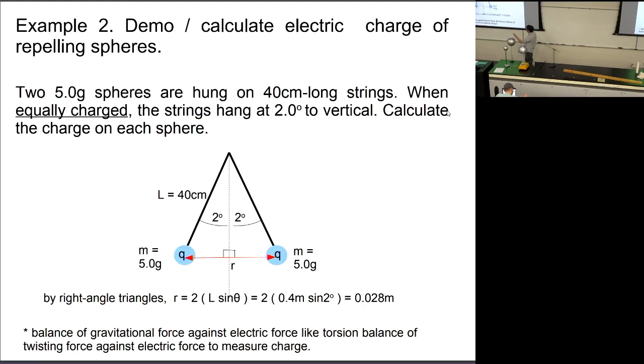So it's 2 times this side, the opposite side of the triangle. And the opposite side of the triangle is L sine theta. It's 0.4 meters times sine 2 degrees. So I did this little geometry calculation, trigonometry calculation. There's 2.8 centimeters between the 2 charges. And we kind of saw that in the movie.